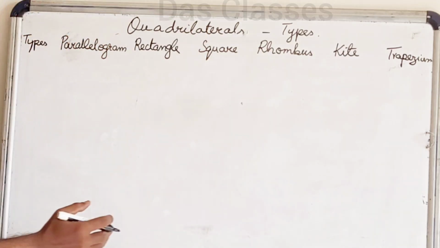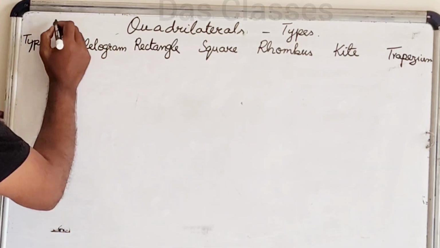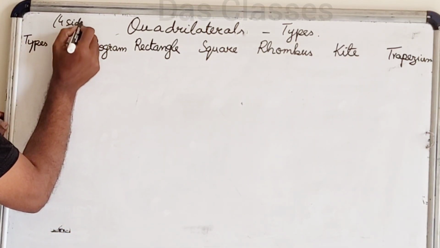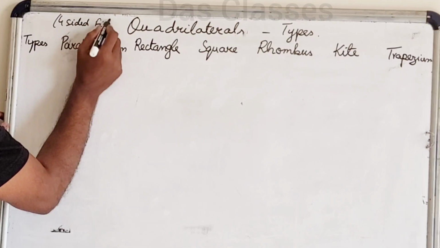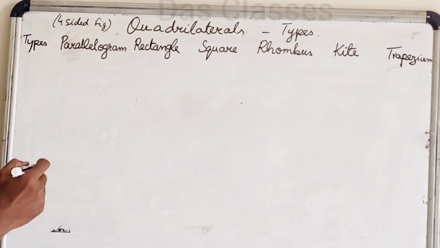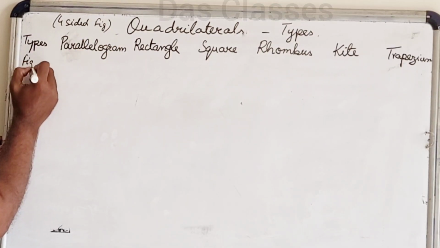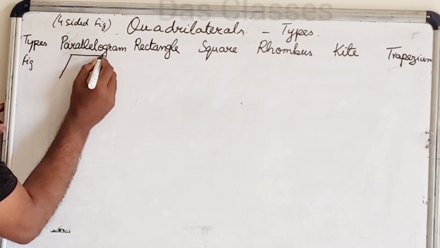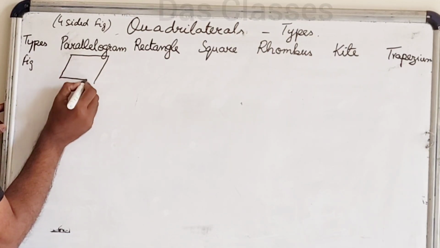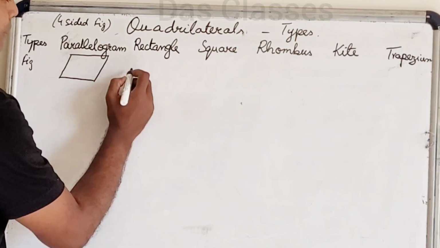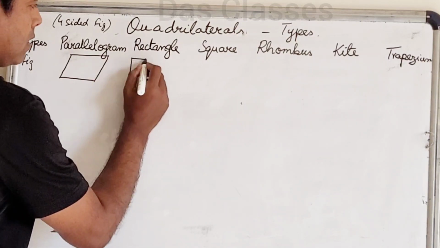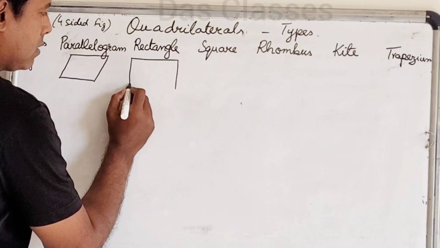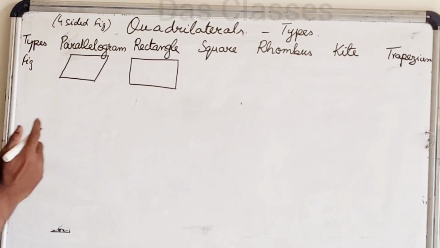So first of all, what's a quadrilateral? It's a four-sided figure. So let's draw the figure first. For parallelogram, something like this. For rectangle, something like this.